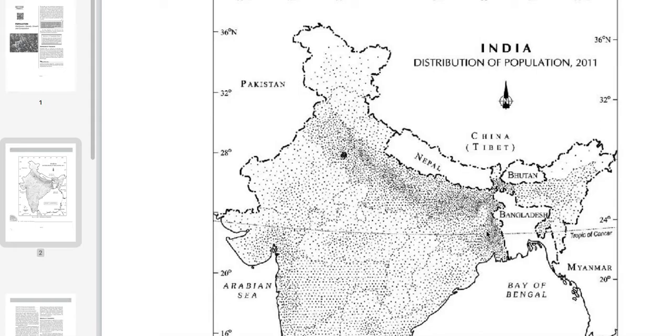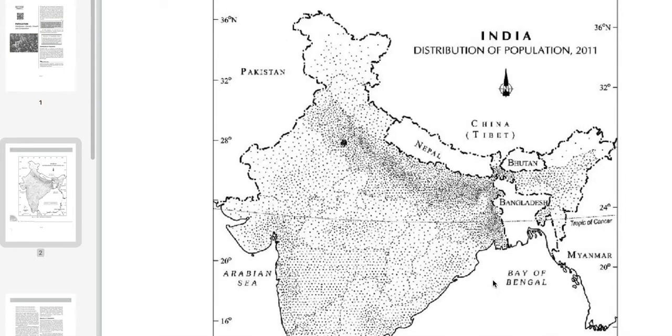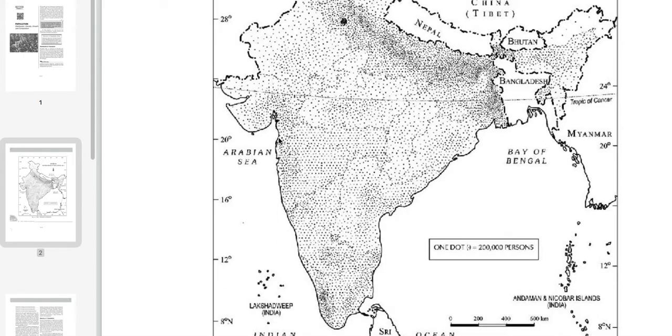See this map. It's a dot map of distribution of population of India, and one dot represents a population of 2 lakh persons. You can see in this map, Uttar Pradesh, the northern plains, the population is very high. Then West Bengal, the population is high. Then coastal regions of Gujarat, coastal regions of Maharashtra, then Karnataka, Kerala, Tamil Nadu, Andhra Pradesh, then Odisha.